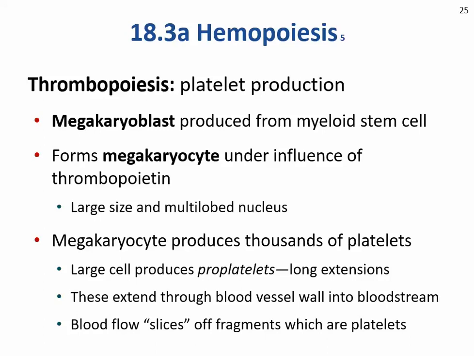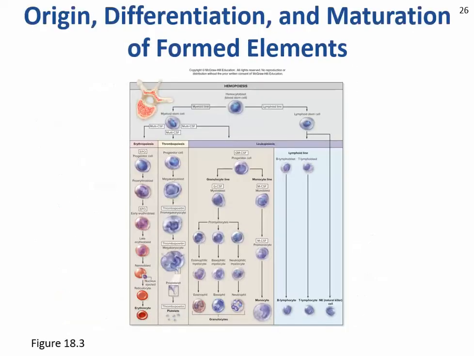You push the dough out through the plate and you cut off the formed pasta. Anybody who as a kid played with Play-Doh knows that. You push the Play-Doh through the thing and you can make these various shapes of Play-Doh. The analogy is apt. It happens that way. So the platelets are little chunks of the megakaryocytes.